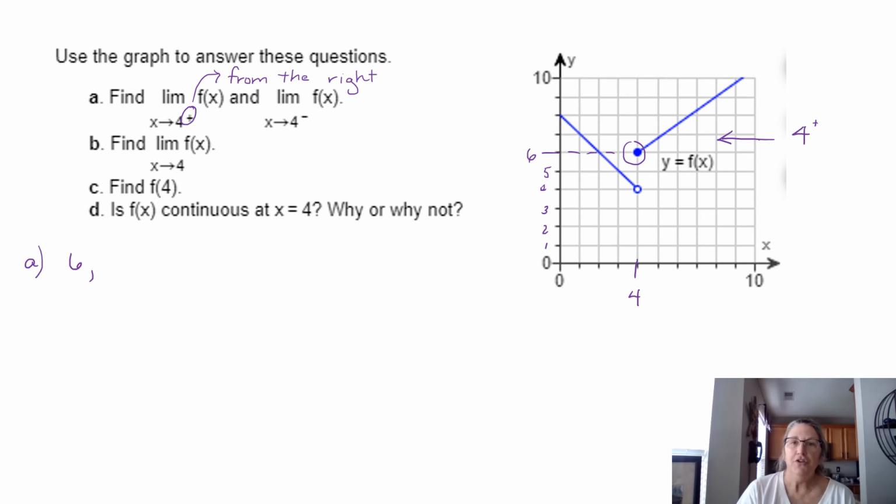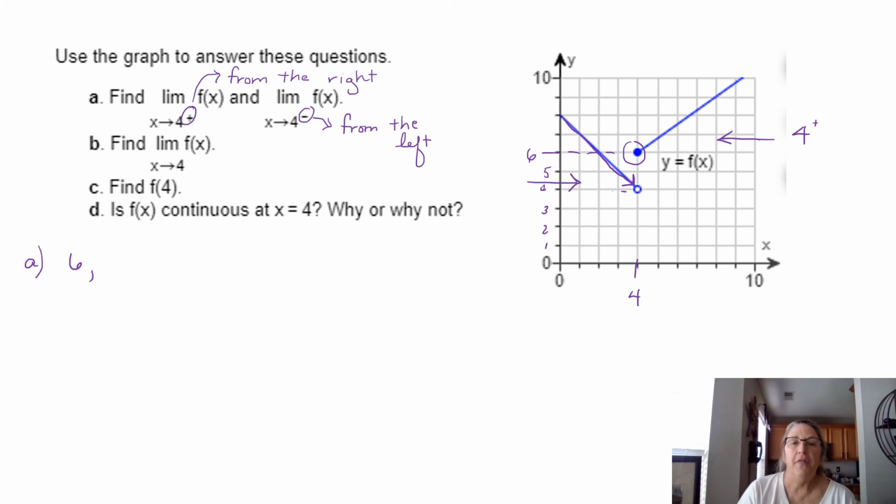The next question is, what is the limit of the function shown as x approaches 4? This time the negative tells us from the left. So that means in this direction. So as we're looking at our function, we're approaching here.